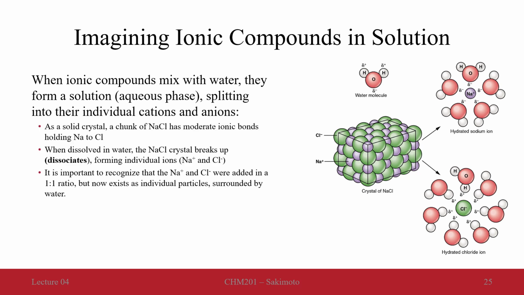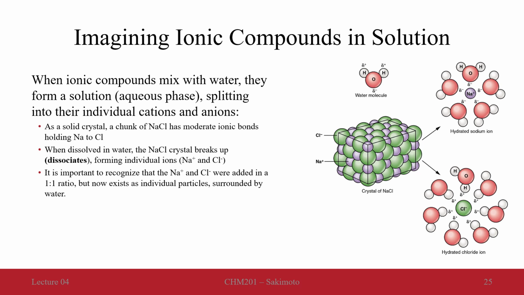These individual cations and anions are really indicative of when we see a solution at this molecular basis. Anytime we take an ionic compound and see that it dissolves in water, the reason why our solid white crystal of sodium chloride turns into a colorless, clear, transparent solution is that our crystal has now broken down into individual ions, which are very, very hard for us to see.